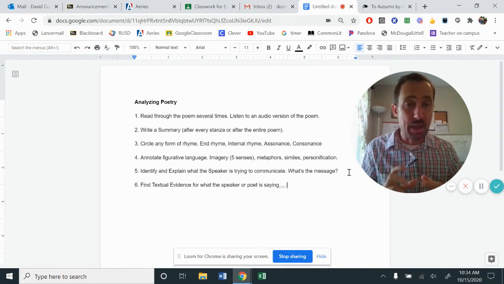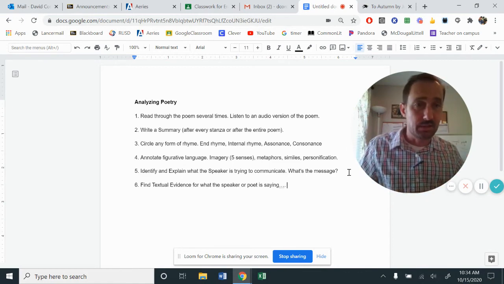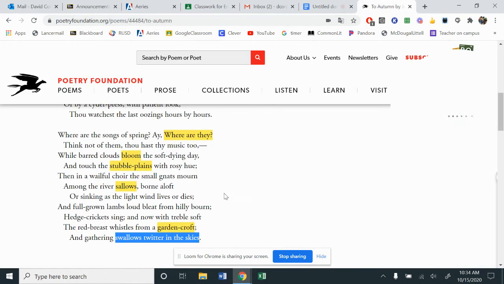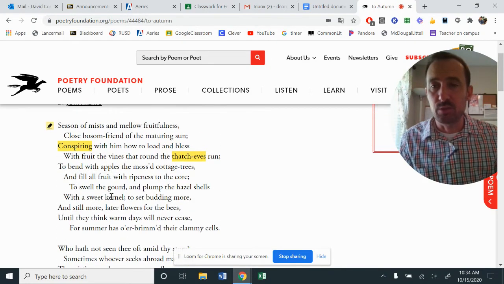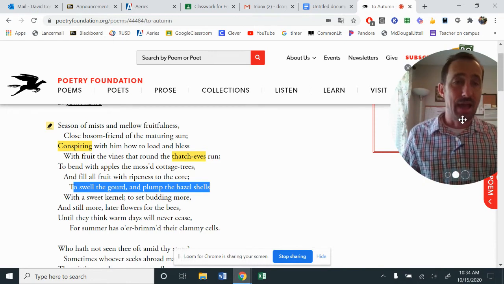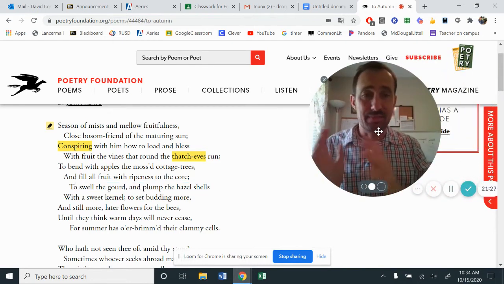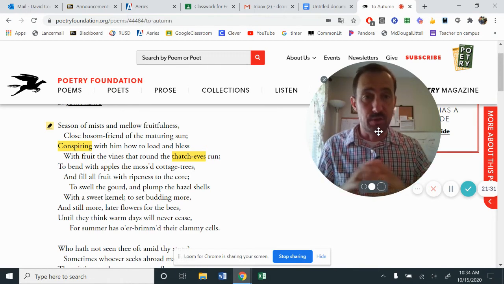What is it about the movement from one item to the next? So if I look at my poem, I would find some textual evidence like to swell the gourd, to plump the hazel shells. That is an example of how things change, right?